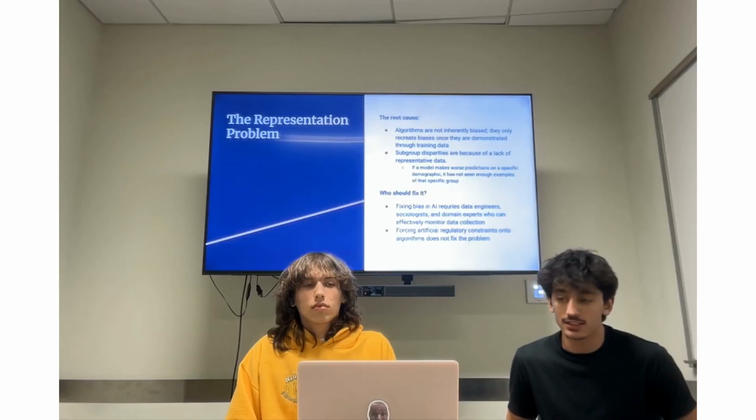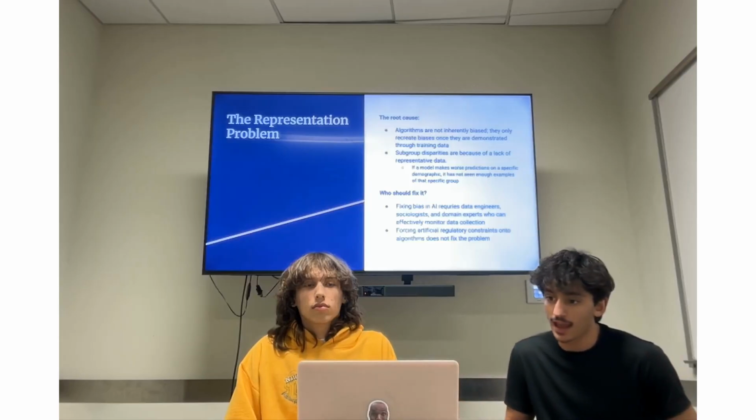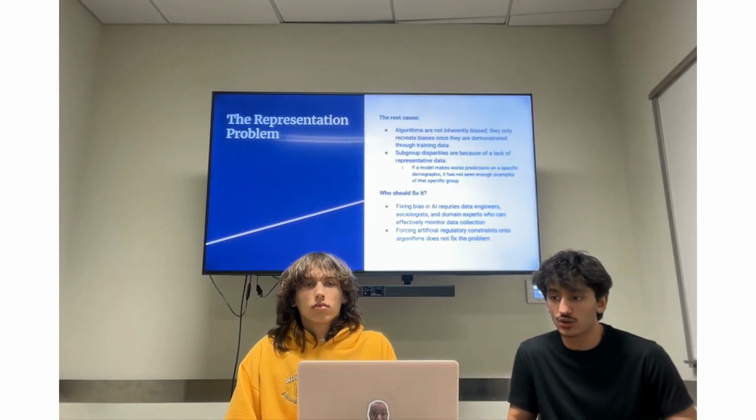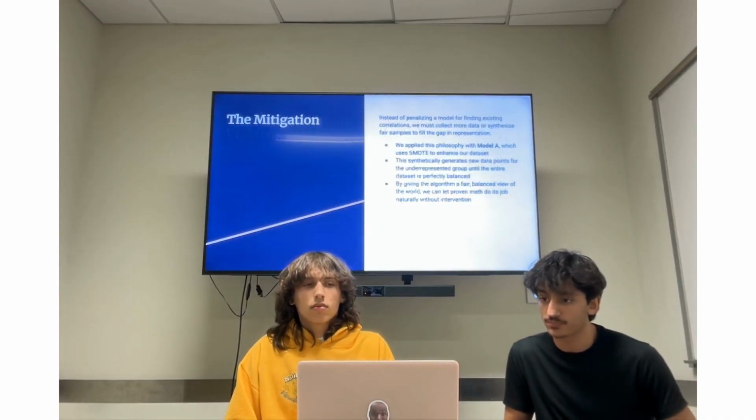Who should be fixing this inherent problem? We need data engineers and sociologists and domain experts who can effectively monitor data collection. And forcing artificial regulatory constraints onto algorithms does not solve the problem.